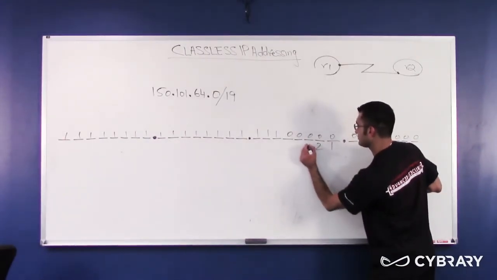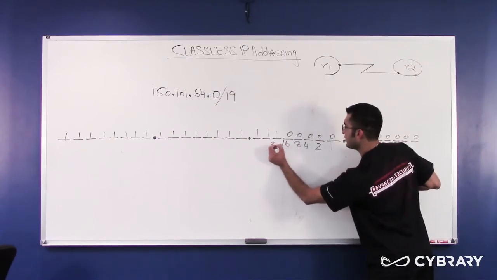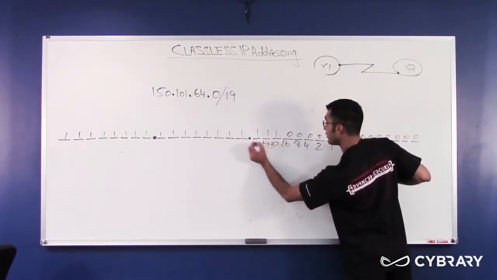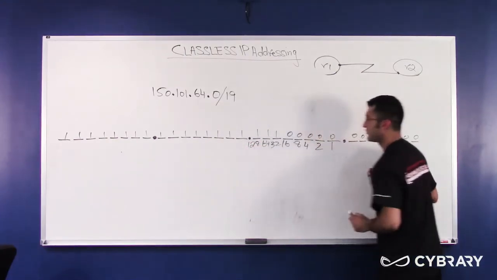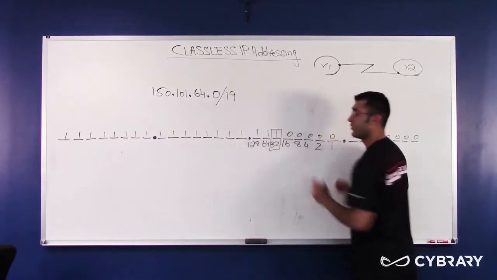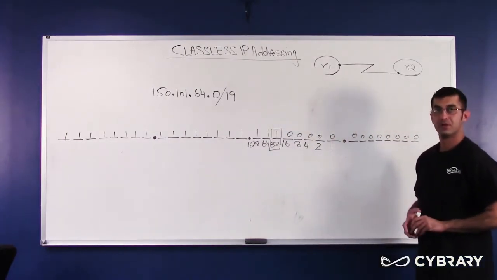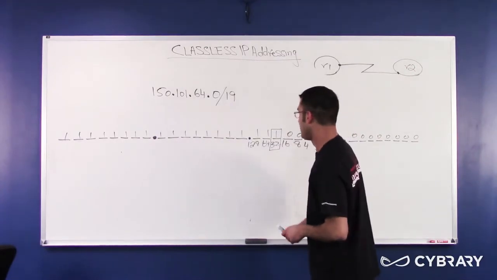Let's find out. 1, 2, 4, 8, 16, 32, 64, 128. So the value of the last bit turned on is 32.